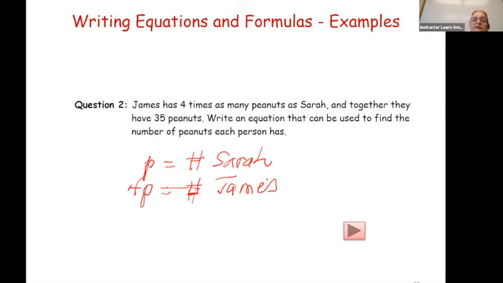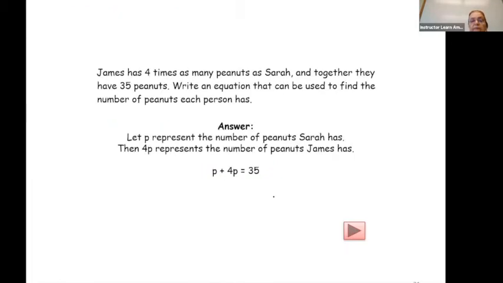So if we know that together they have 35, together means if we add them up. So if we add P to 4P, we should get the total number of peanuts, or 35. And sure enough, we let P be the number of peanuts Sarah has, 4P represent the number of peanuts James has, then adding them, P to 4P gives us the total 35.